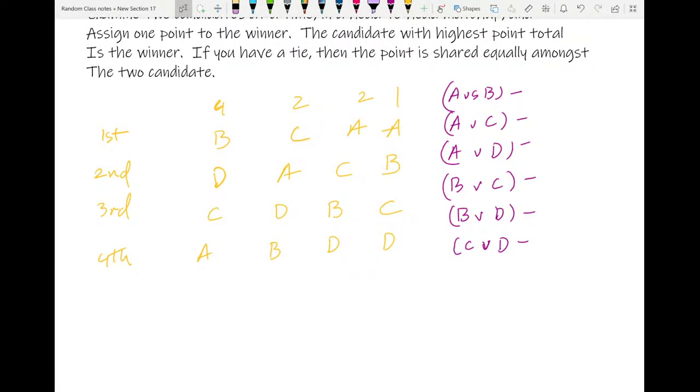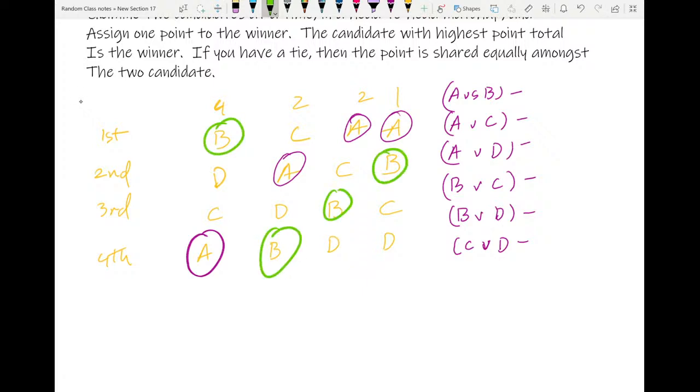So now if we look at A versus B, this is a little bit tricky one. I want you to look at it. So who got more preferable points?